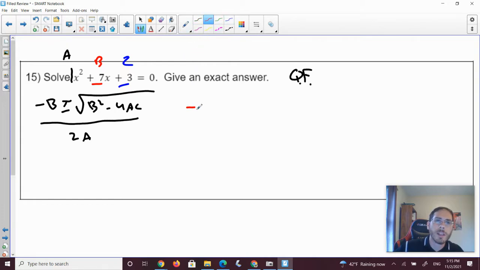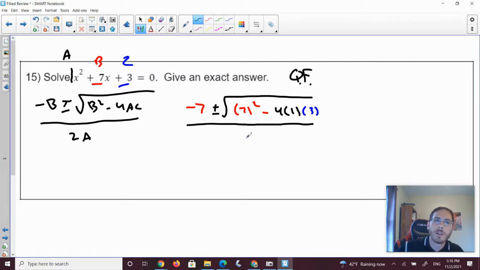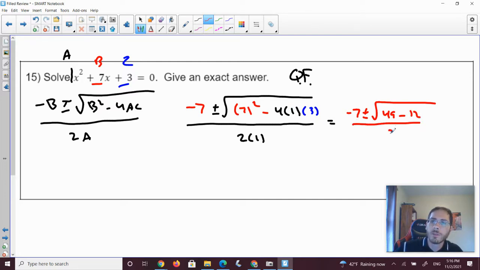So let's see, we've got negative 7 plus or minus the square root of 7 squared minus 4 times 1 times 3 all over 2 times 1. Okay, so we get negative 7 plus or minus square root of 49 minus 12 all over 2.